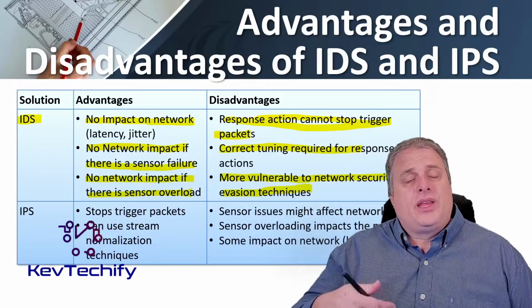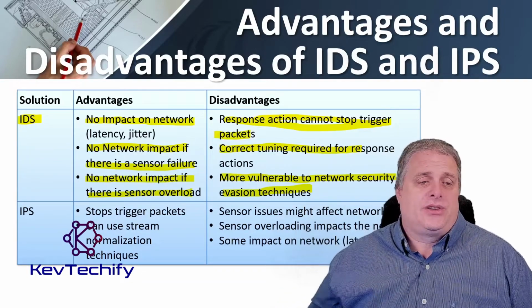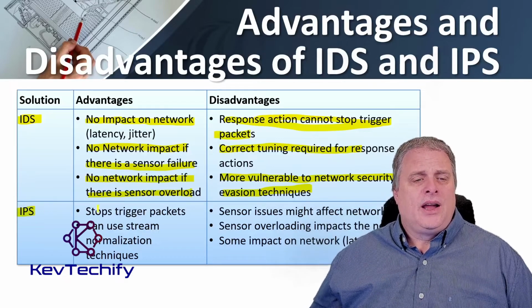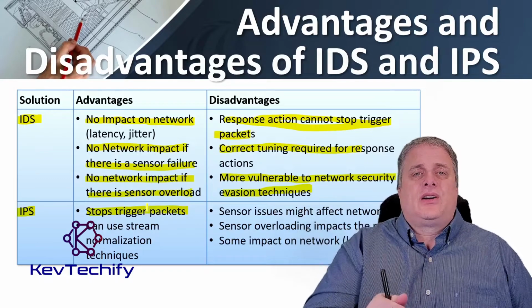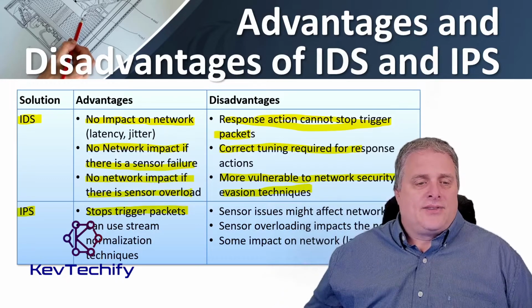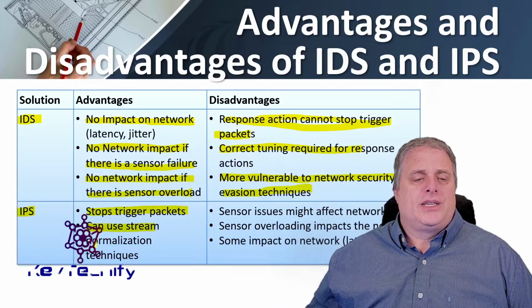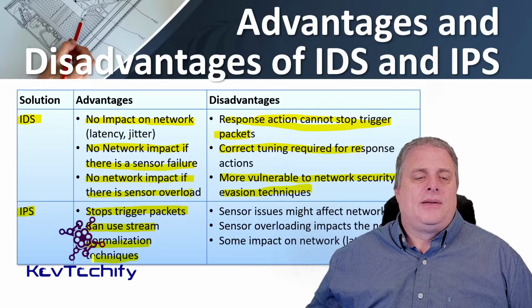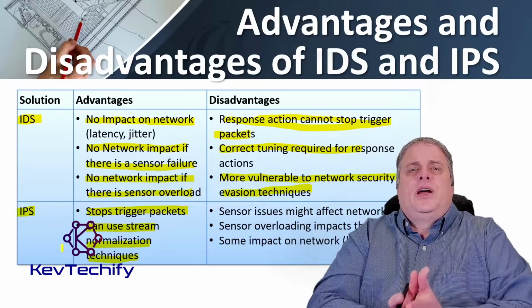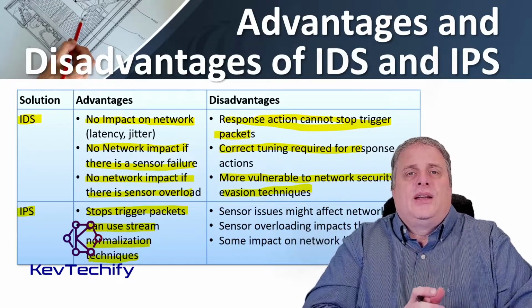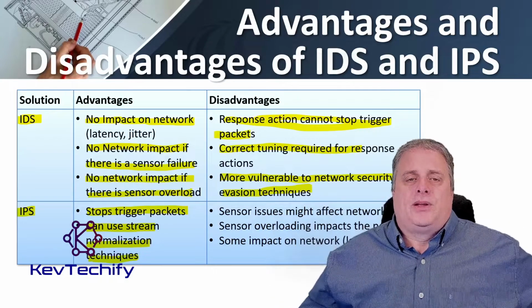Now, when we talk about the IPS, the intrusion prevention system, the advantages are that it can stop the trigger packets, those packets that will start the attack. Finally, it can use stream normalization, making sure your stream continues to go through and only the affected traffic gets stopped.